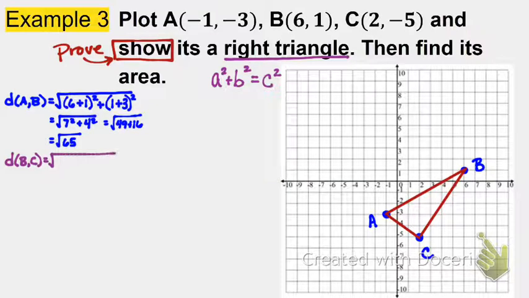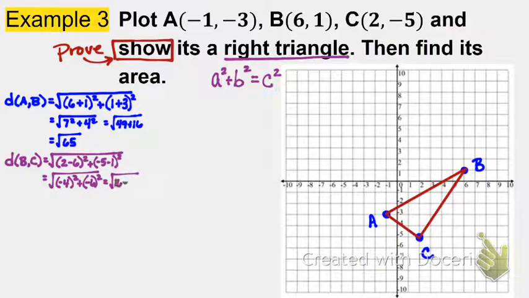So from point B to point C, I would have 2 minus 6 squared, the difference in my x's, plus -5 minus 1 squared, the difference in my y's. So I have -4 squared plus -6 squared.